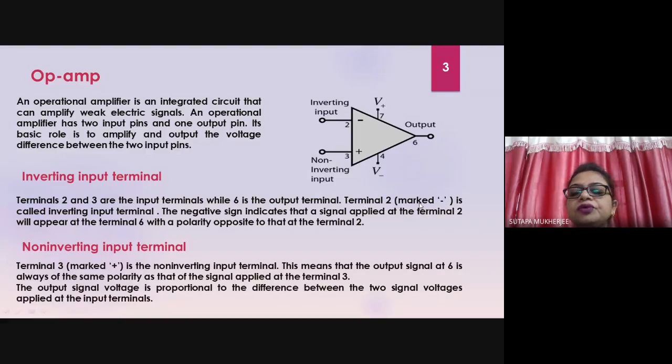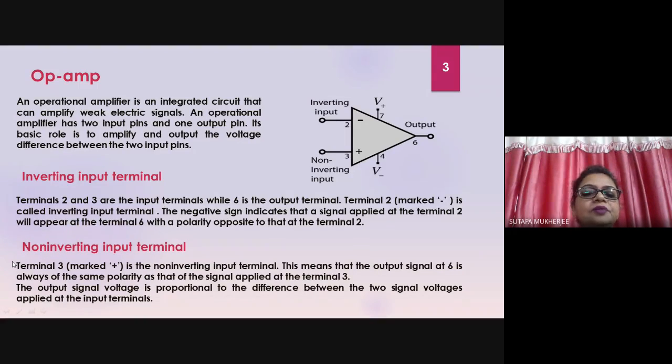The terminal 2 marked with the minus sign is called the inverting input terminal. The negative sign indicates that a signal applied at terminal 2 will appear at terminal 6 with a polarity opposite to that at terminal 2. Whatever the polarity here, the opposite of that will be reflected in the output. Hence, it is called the inverting input.